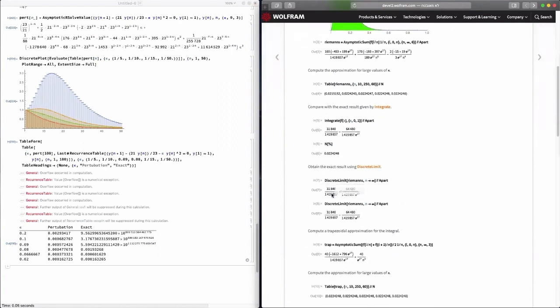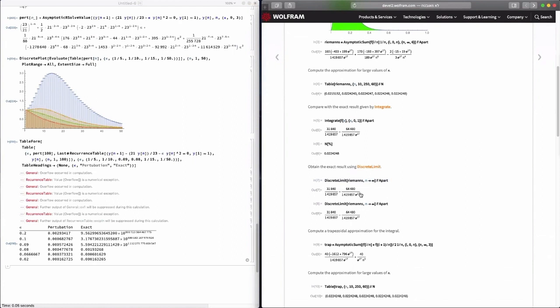We could also compute the limit of these Riemann sums as n goes to infinity, and we see, thankfully, that that's the same answer that integrate gave us.